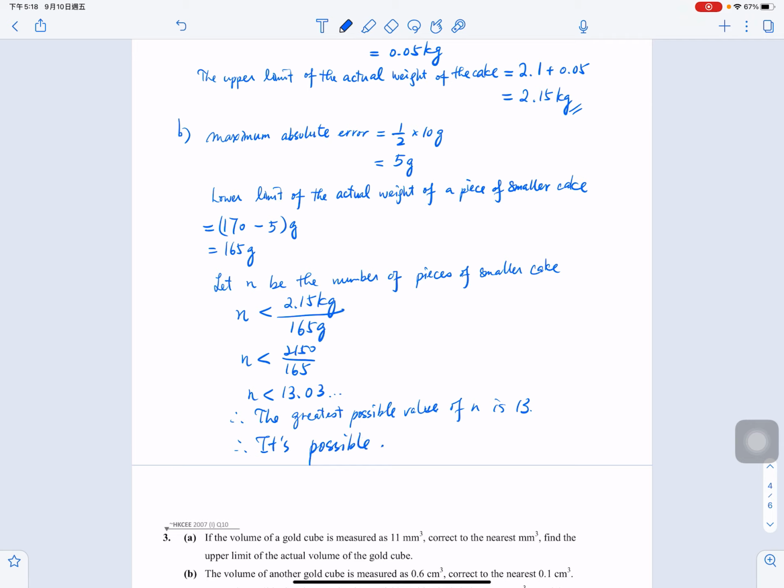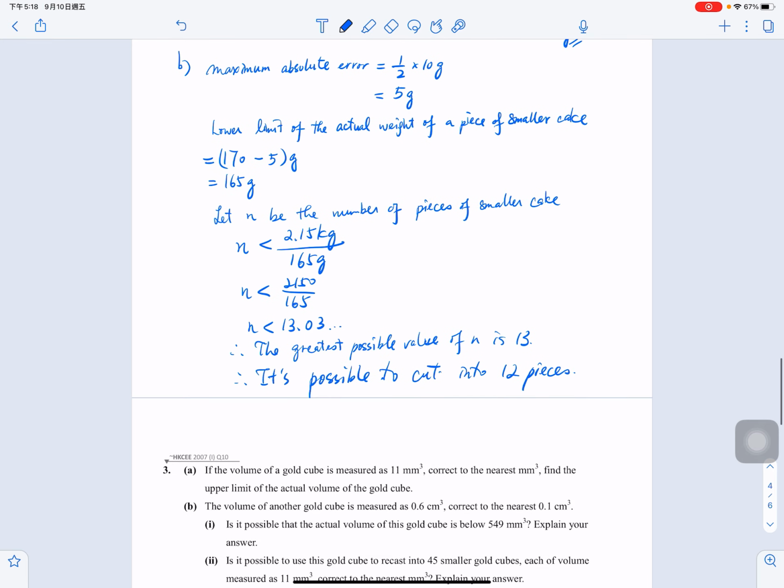Answer the question: it's possible to cut into 12 pieces.